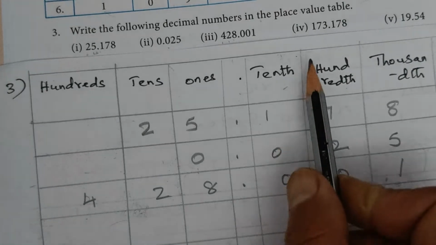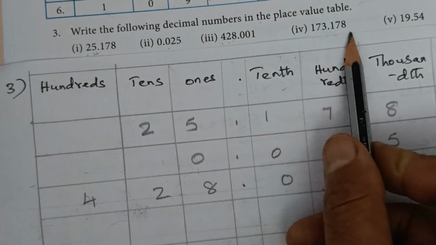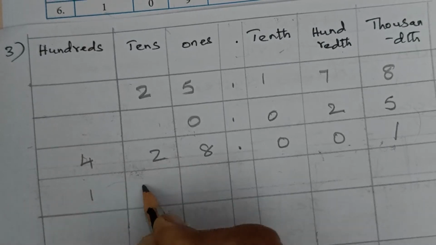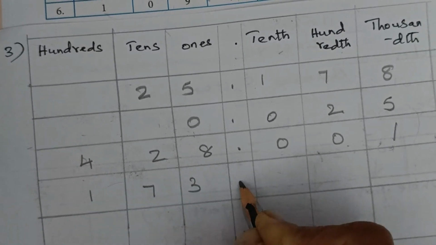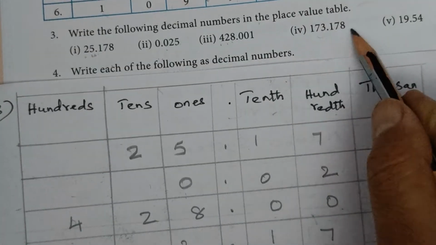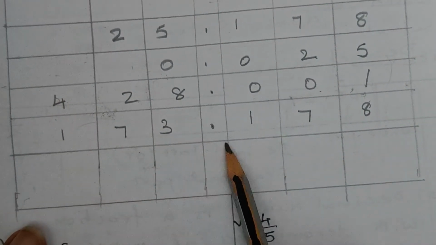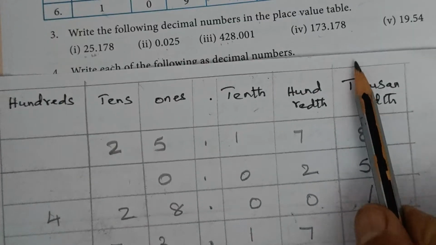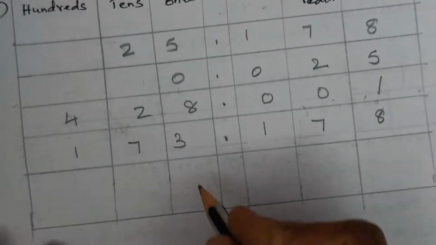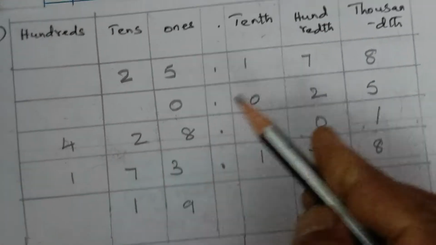And what is the next one? 173.178. It is 173 point 1 tenth, 7 hundredth, 8 thousandth. So 173.178. And the next one, 19.54. 9 ones, 1 tens. 9 is in ones place, 1 is in tens place.